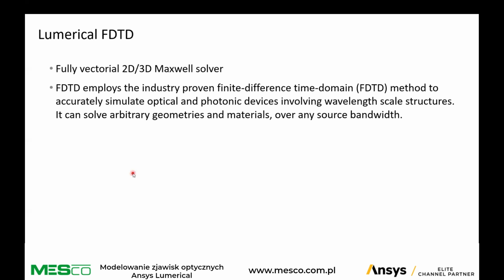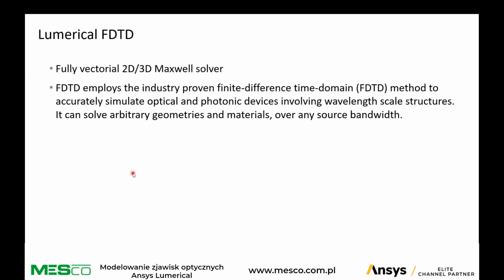The algorithm is very well known. I think the first description of this algorithm dates from the 1960s. And it's been widely used in various applications, from photonic simulations, but not only photonic simulations. One of the big advantages of the FDTD method is simply that it doesn't rely on any kind of approximation. The only approximation we can do here is related to the meshing, so the discretization in space and in time.